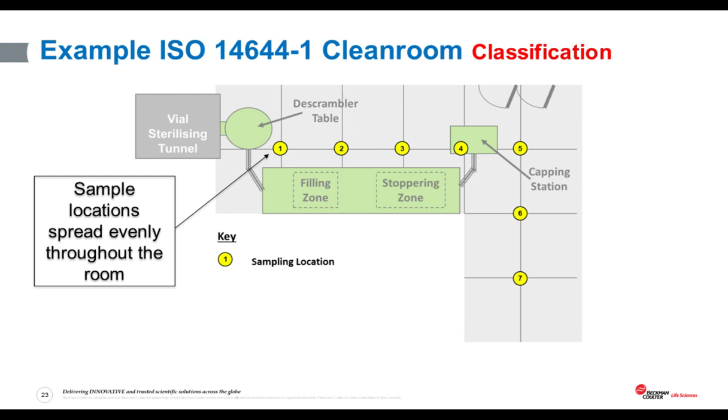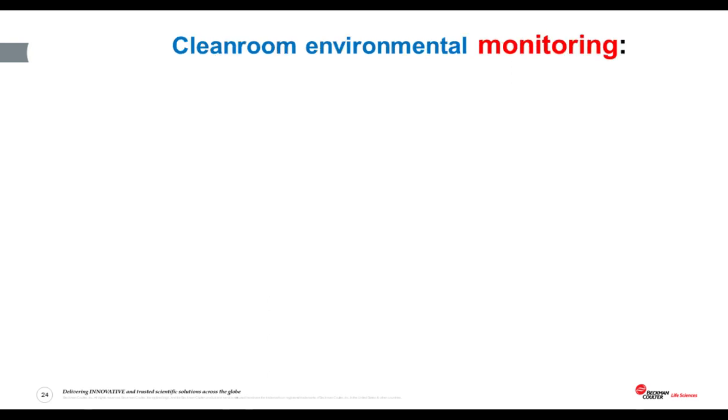There's no requirement mandated to take a sample where the product is at risk of airborne contamination. So in this example, following the ISO 14644-1 means there are no samples taken in areas where the product may be at risk. For example, the vial descrambler table, the filling zone itself, and the stoppering or the capping station.